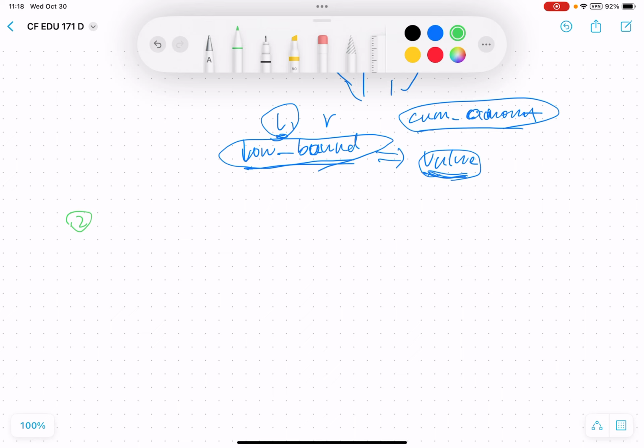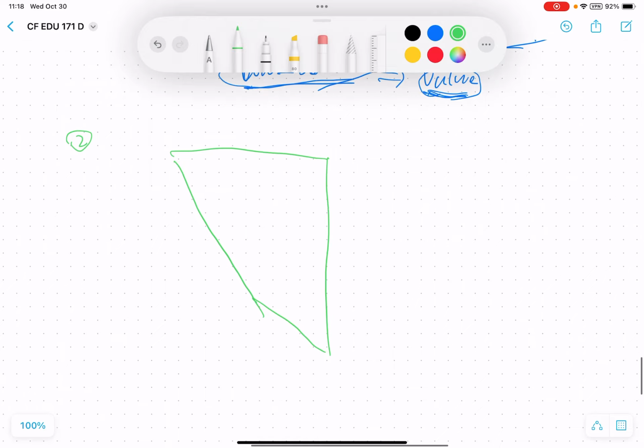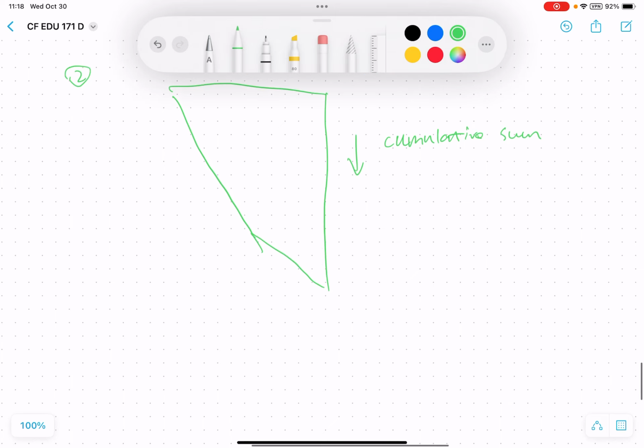For the second part, how to calculate the sum for the big, huge triangle, the cumulative sum. Let's provide more detail about this triangle. The first elements will be S1,1, second will be S1,2, third will be S1,3, up to S1,N.